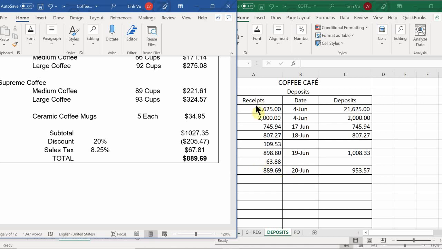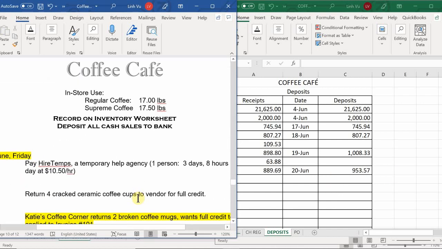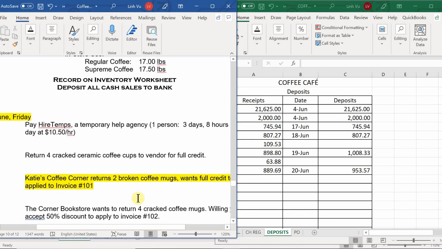So this is the money that we received, right? On the right side is what we deposit. So basically, the total is going to be on the right side. Okay. Good. This journal.